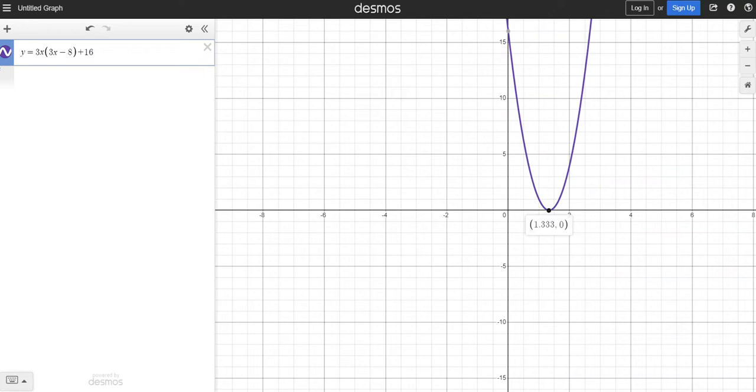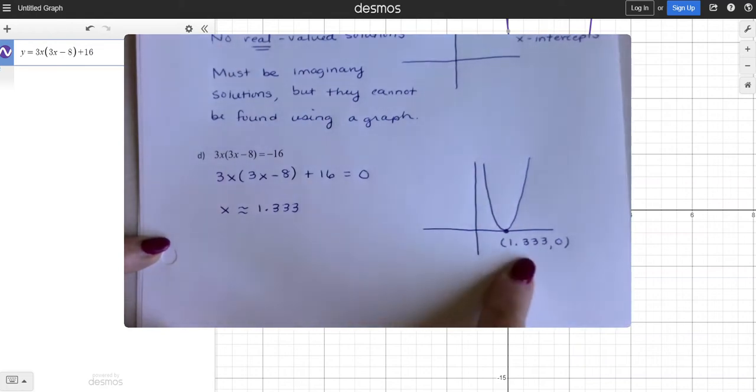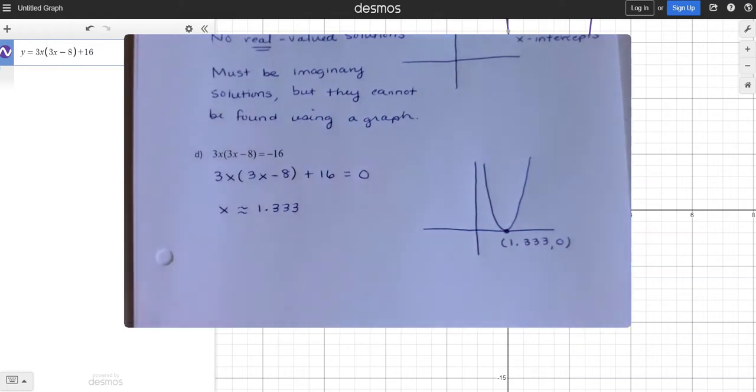Sometimes you'll recognize the decimal patterns, and that's fine, but since we're solving graphically, I'm just going to write it as 1.333. And I'm making a quick little sketch of what I see here. The x-intercept at 1.333, comma 0. So the graph looked like that, and that is my x value.